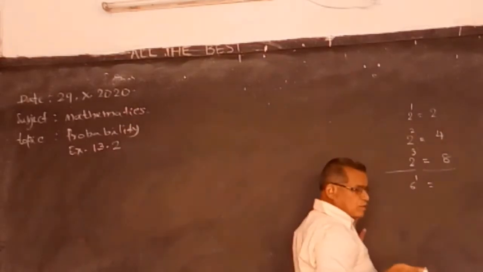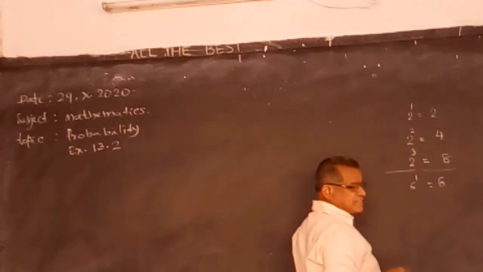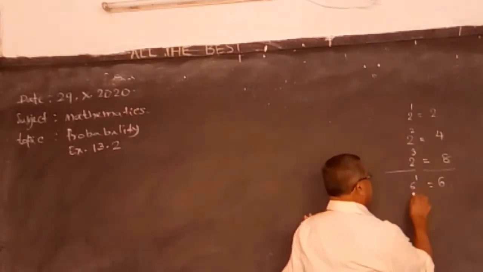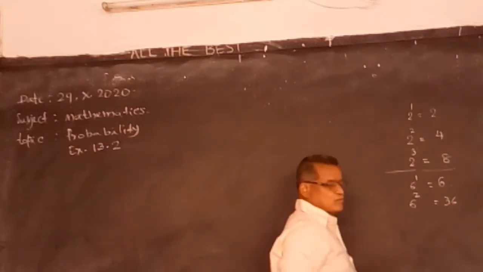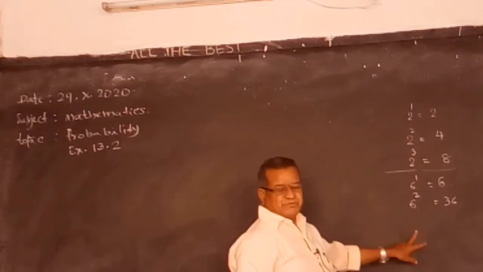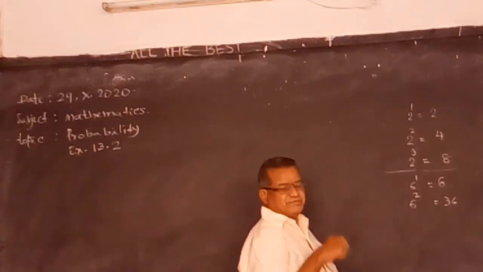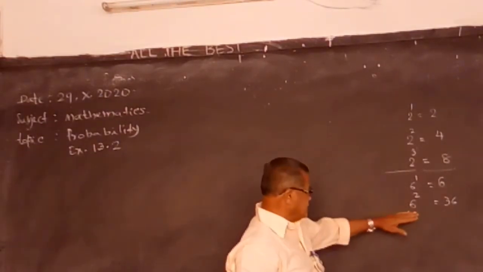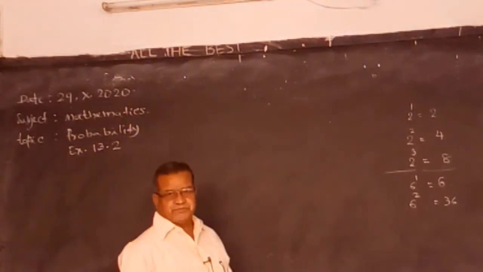When we throw a dice one time, we get 6 total outcomes. If we throw it 2 times, 36 outcomes will come. If we throw it 3 times, 6 cube, 216. But here it is only 6 squared, 36.